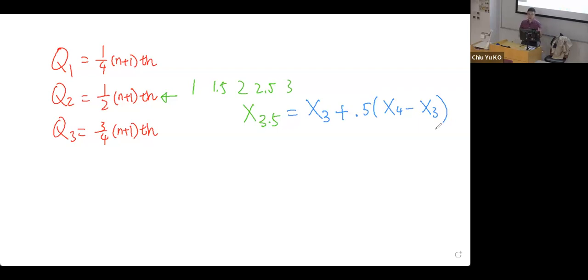We start from the smaller number, and we go halfway between 3 and 4. So it's actually called linear interpolation. And we will extend this formula directly to Q1 or Q3.